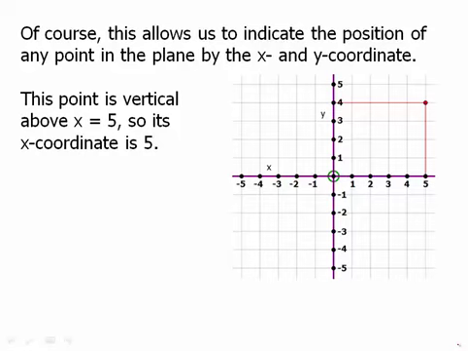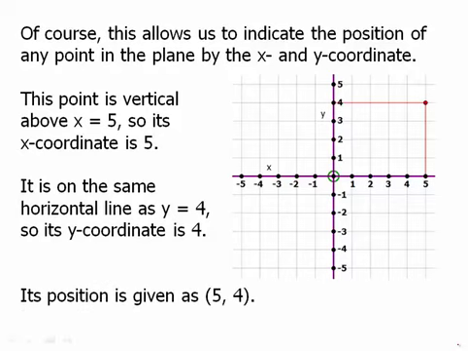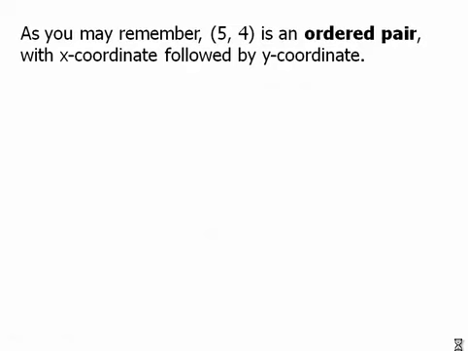So the x-coordinate has to be 5. It is on the same horizontal line as y equals 4. So its y-coordinate is 4. And its position is given by (5, 4).